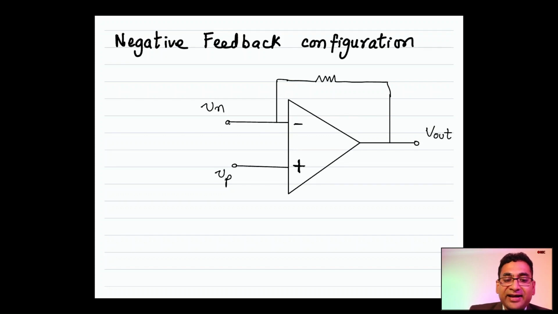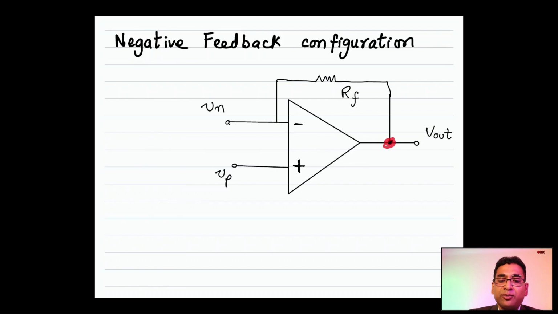The fact that we are tying a part of the output back into the input through a feedback resistance RF, it's called a negative feedback configuration. So all we are doing is we are taking the output and feeding it back.